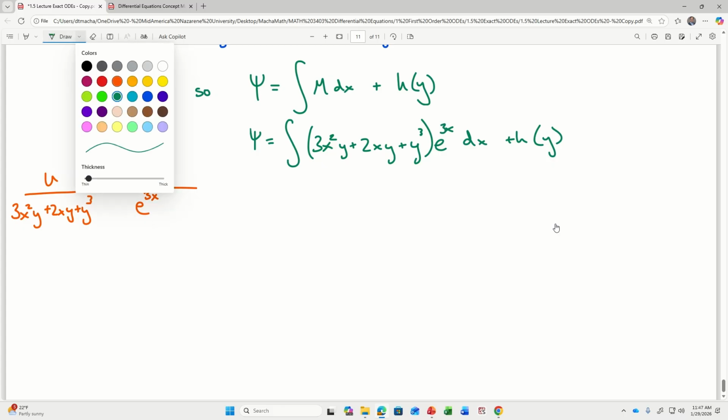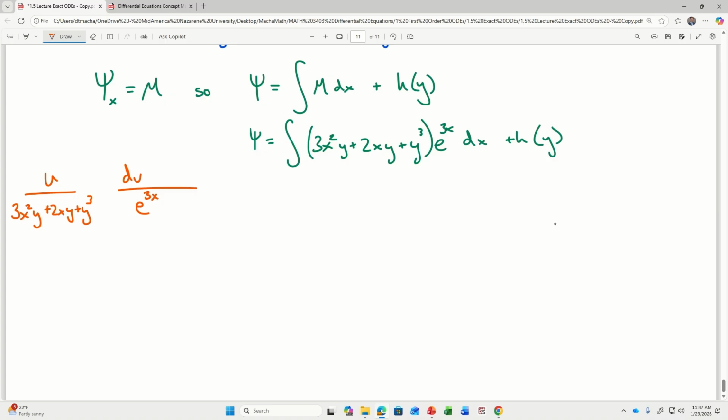There we go. And then I take derivatives of u, and this time they're going to be partial with respect to x. And so I'm going to pretend the y is a constant because I'm taking the antiderivative with respect to x. So pretending y is constant, the derivatives would be 6xy plus 2y. And then another derivative would give me 6y, and another derivative would give me 0.